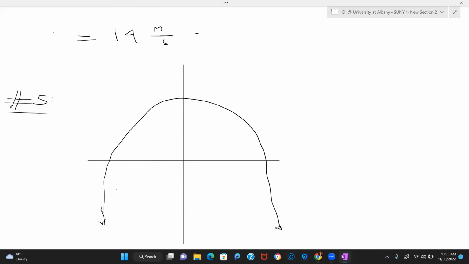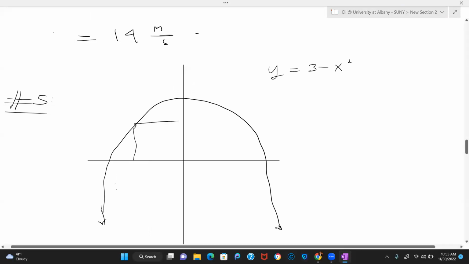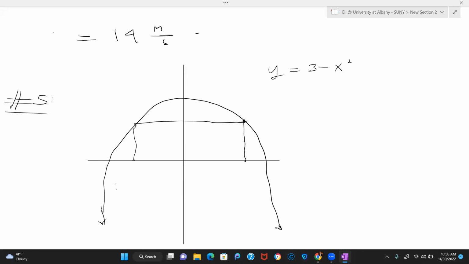All right, so you got this parabola y is equal to 3 minus x squared, and there's a box inscribed. Christ, that's terrible. All right, and so the vertex of this is going to be a point on there.